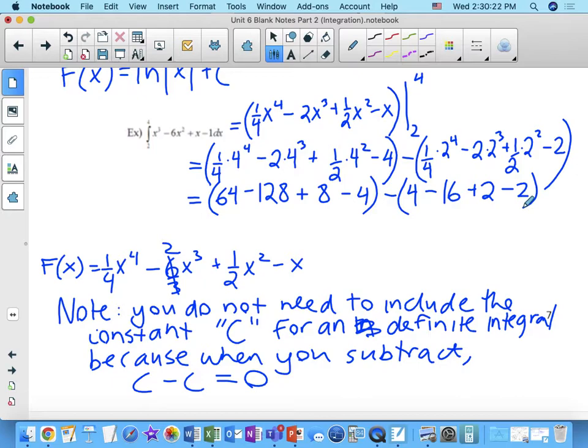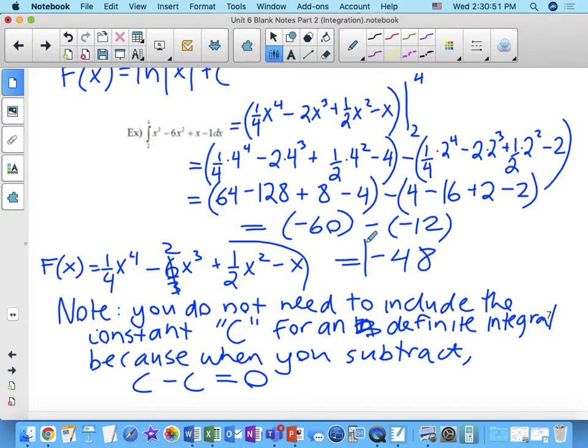So that is negative 64 plus 4, negative 60, minus negative 12. Oh, this is just getting started. Wait till what we're going to do on the next page. And that is negative 48. There we go.